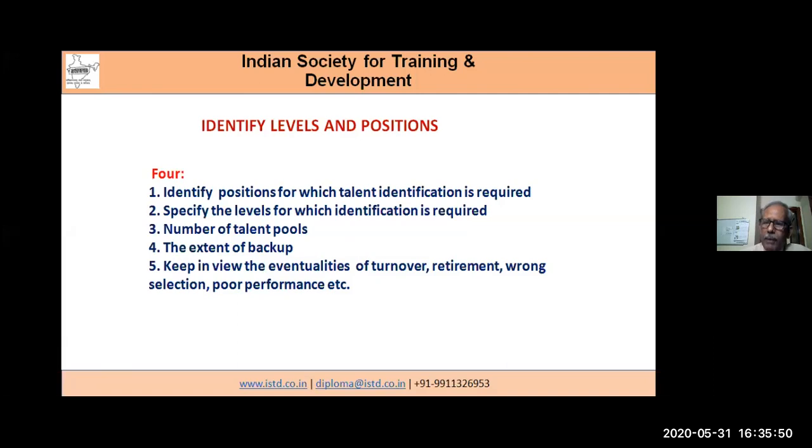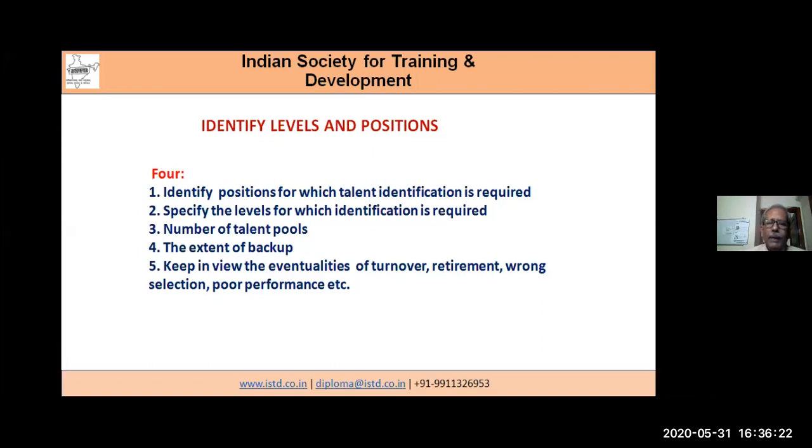It may be at the top management, the middle management, or the junior level management. If there are different kinds of people required at different levels, accordingly the way of searching or identification of people will become different, because the identification of top level management people is comparatively different from getting people for the middle management or the junior management.